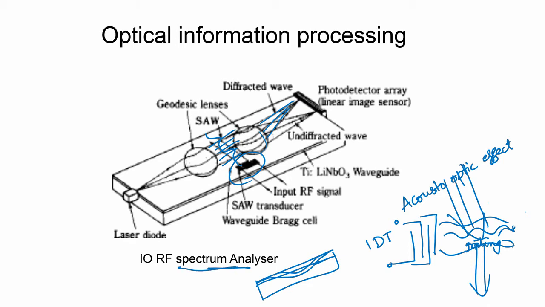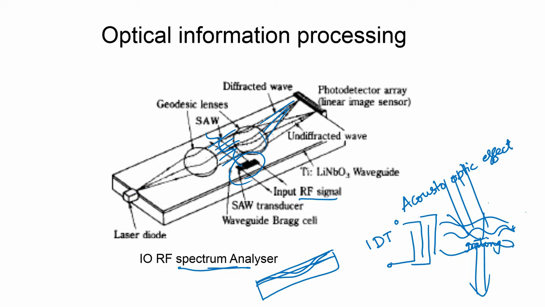We have seen that the acousto-optic effect is dependent on the frequency of the RF signal; the pitch of the grating and so on are dependent on the RF signal. Let us assume in this example we use a laser diode input coupled into this chip.